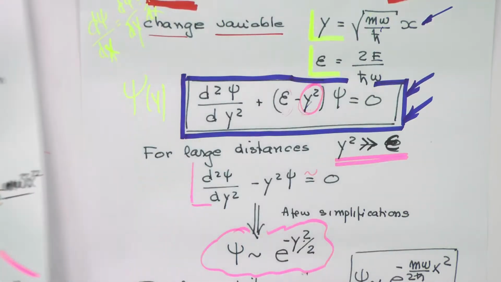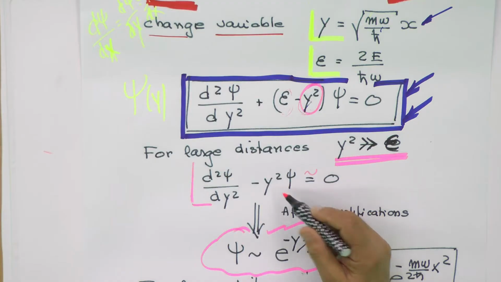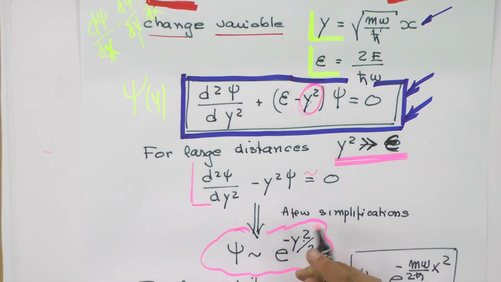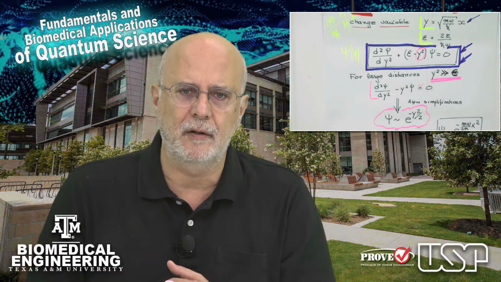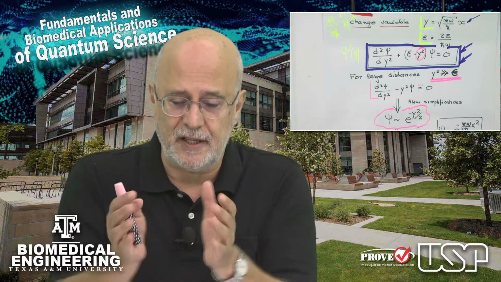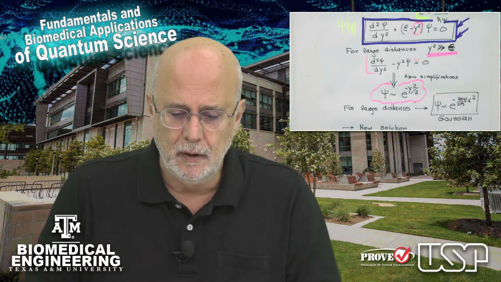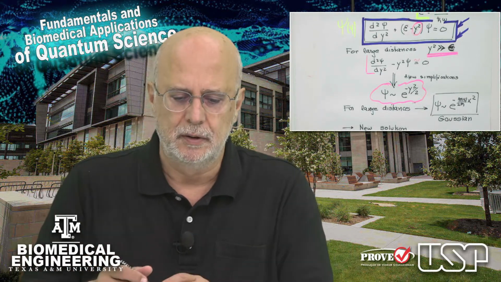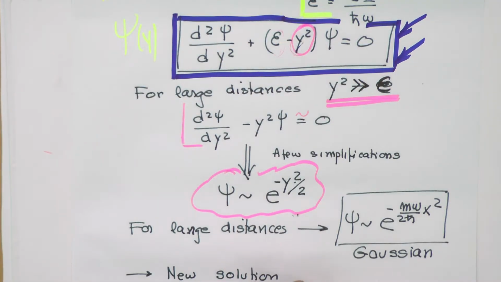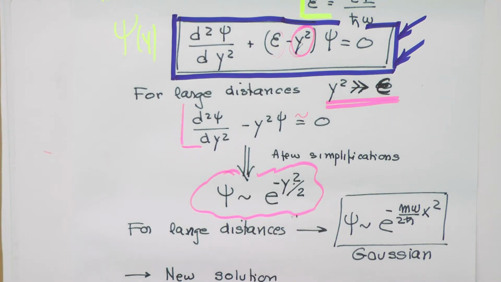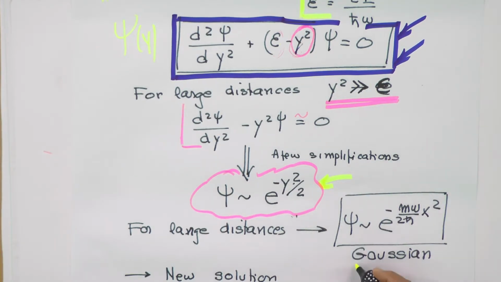And an exponential of y squared. Remember, y is proportional to x. So this goes to x squared. So exponential goes to 0 when I go far from the center of the field force center, and therefore this goes to 0. So for that situation, for far from the center, when I can say that this term is bigger than that, I have as a solution a term that I call Gaussian.